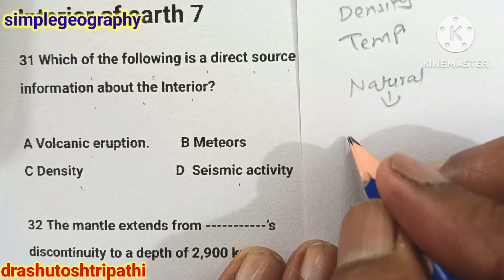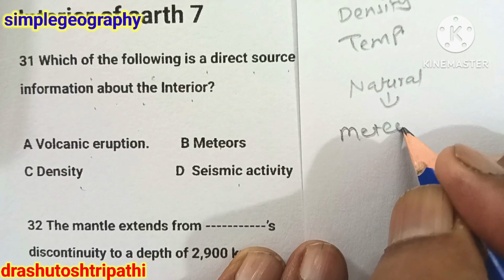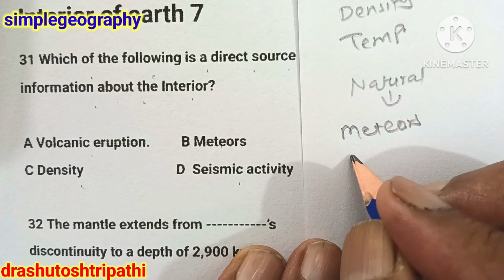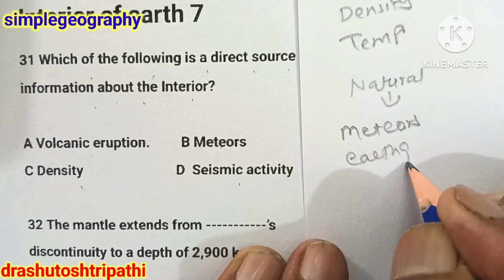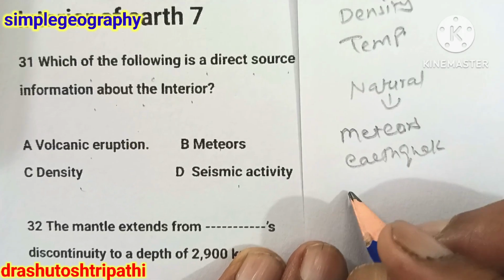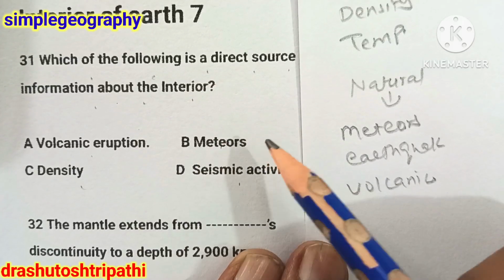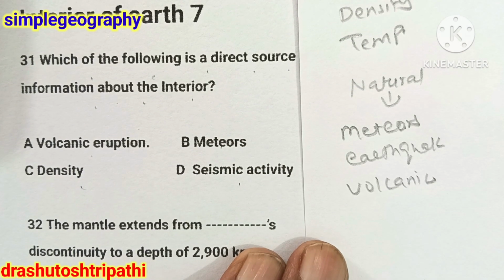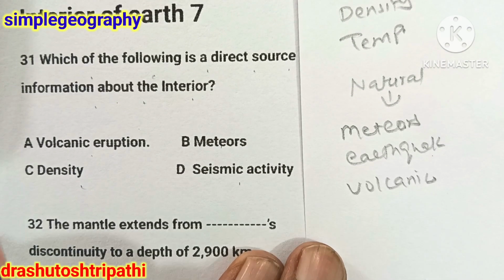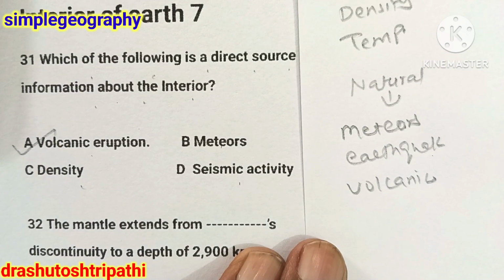In this category we include meteors, earthquake, and volcanic eruption. But the most important one, which tells directly about the interior of the earth, is the volcanic eruption.